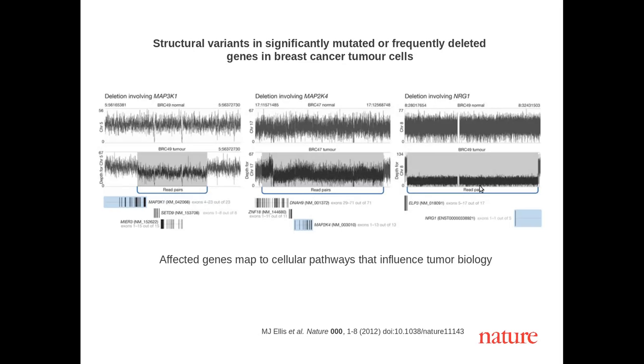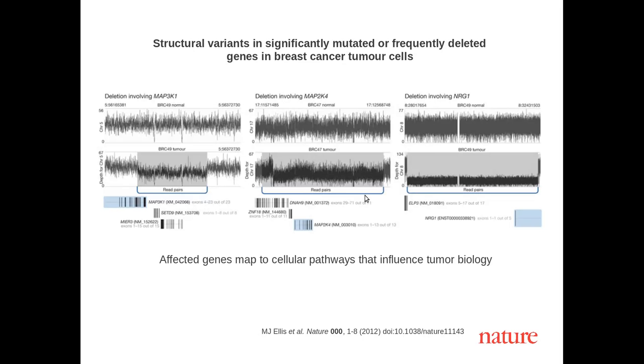And here's one more. This is a homozygous deletion in a tumor cell, where you have very low coverage compared to the wild type or normal tissue. The important thing is that these genes frequently map to cellular pathways that influence tumor biology.